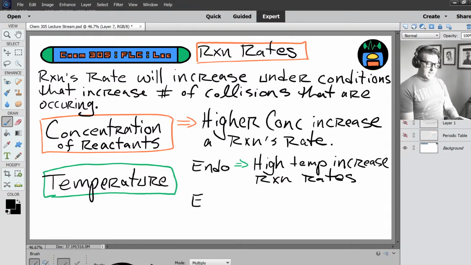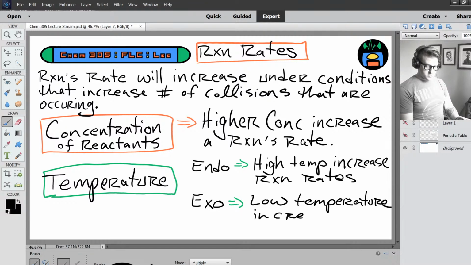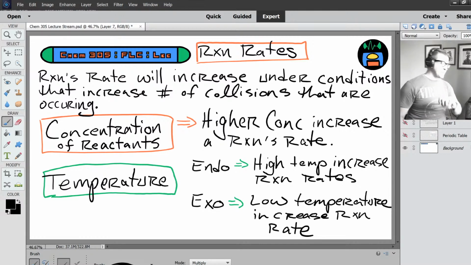For exothermic reactions, the opposite is true. Low temperatures increase reaction rates. And we'll talk about why for that second one. The first one makes sense. The second one, we'll talk about why that is once we get to chemical equilibrium.